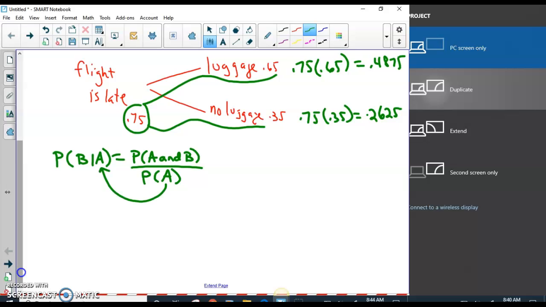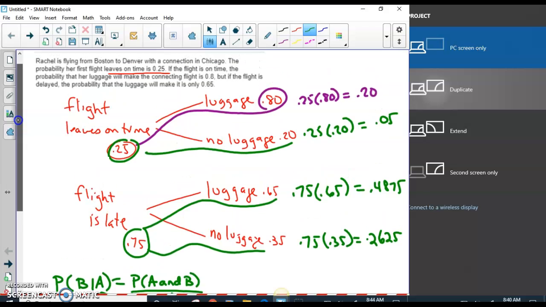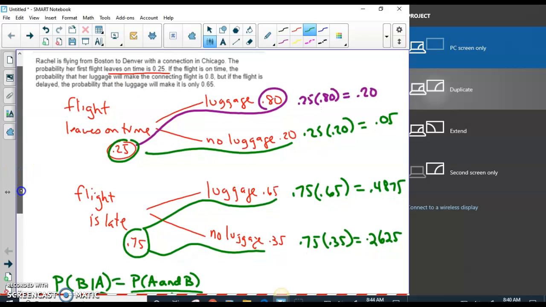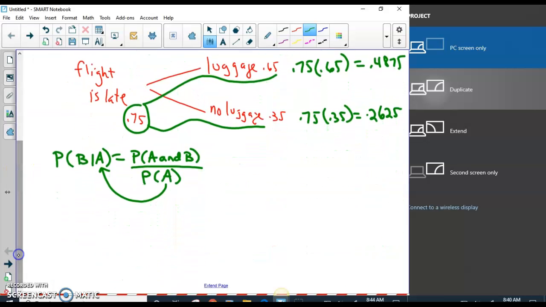So with respect to this problem, it is saying that we want to find the probability that the flight is delayed given the fact that she has no luggage.